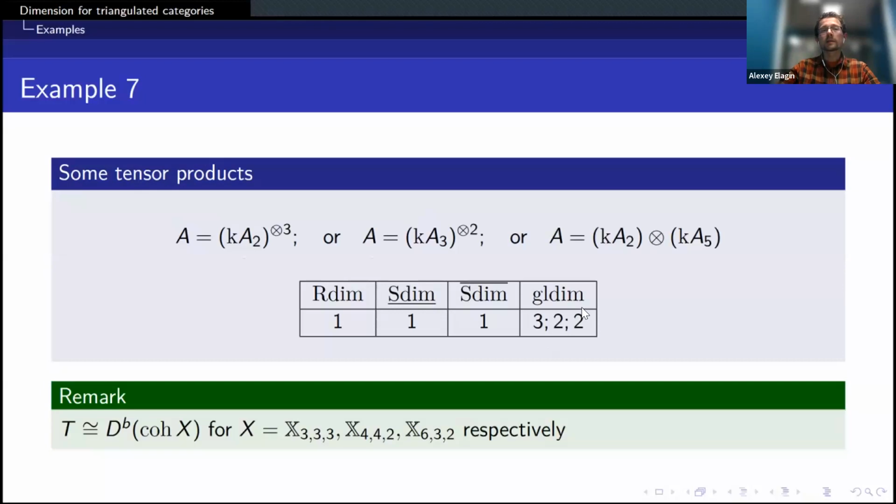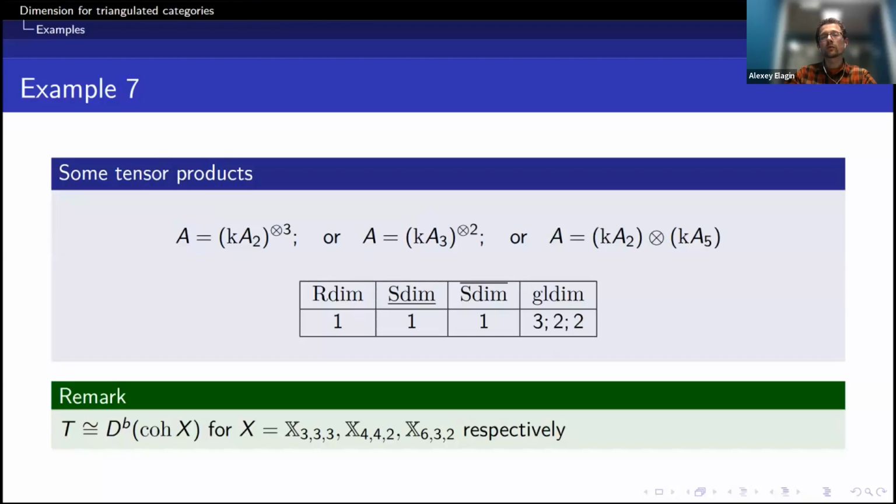Okay, we had some expectations about the behavior of tensor products, so let me demonstrate an example of dimensions for tensor products of algebras. We can consider different tensor products of path algebras of quivers AN. Any such tensor product has lower Serre dimension equal to the upper Serre dimension, because any such tensor product is fractional Calabi-Yau.